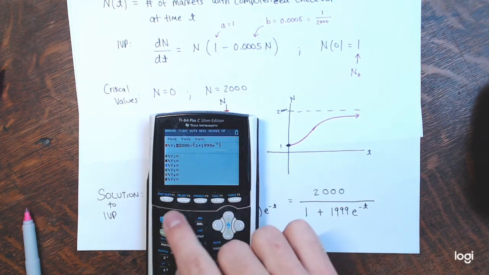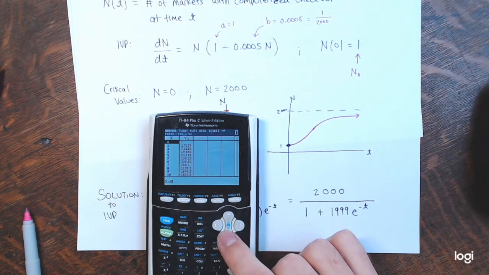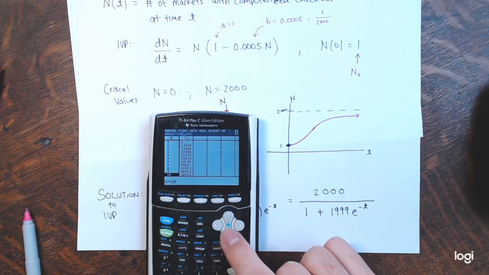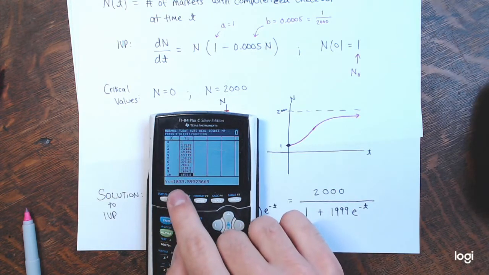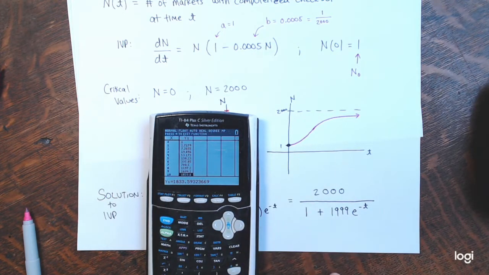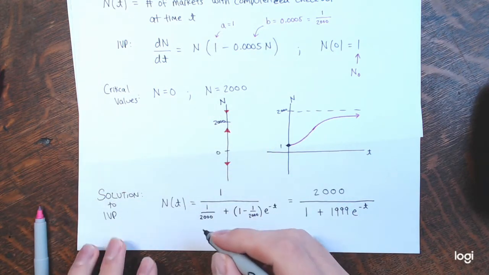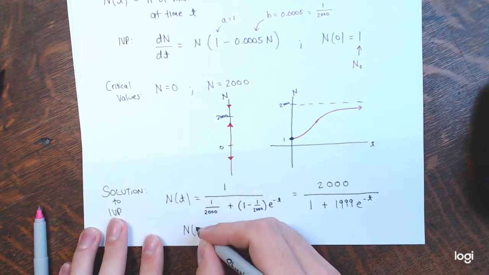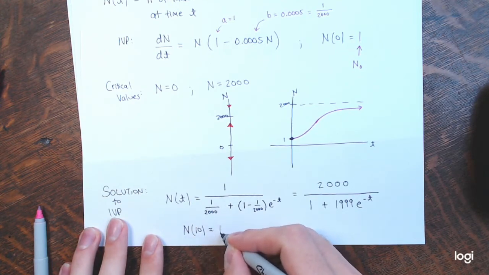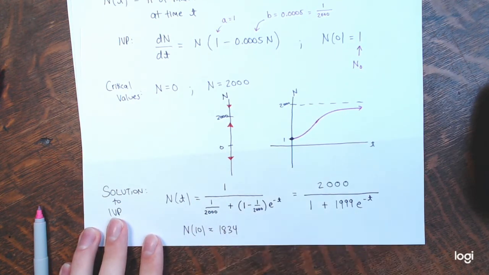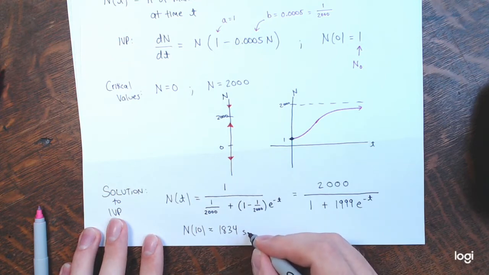Go to a table. And when my input is 10 here, the output is about 1,833 or 1,834 stores. All right, so I'll write that down. N of 10 is approximately 1,800 if I round to the nearest store or supermarket.